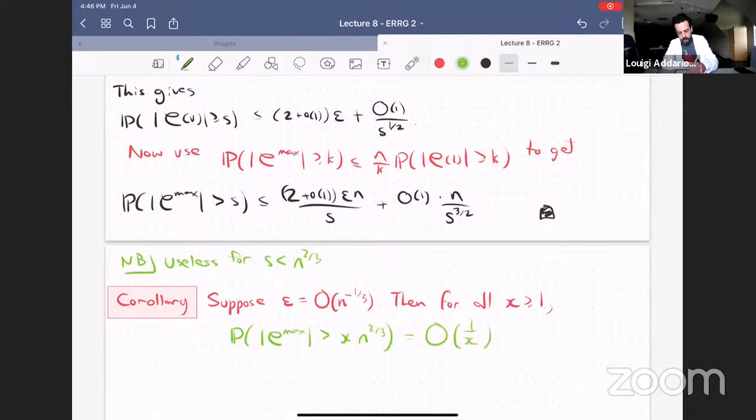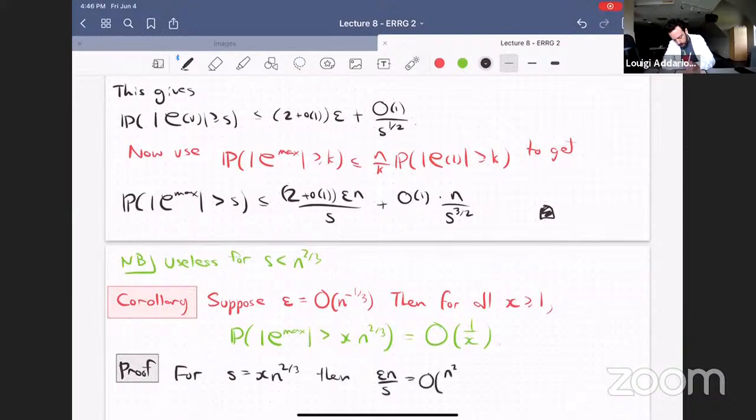Okay, and that's just because in this case, if we take s to be x n to the 2/3, then epsilon n over s is order n to the 2/3 over s because of our assumption on epsilon here. So that's order 1 over x.